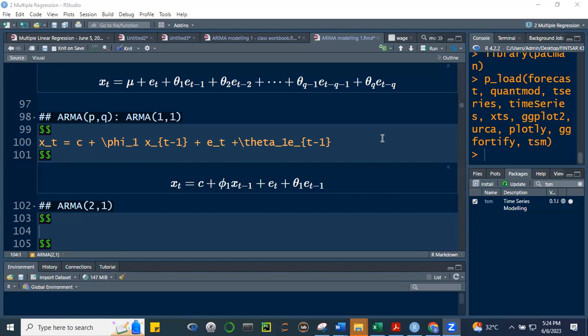Or if anybody would like to answer, not only Jericho, please share your answer. Carlos, please share your answer too. Just chat the code. Let's see the process of ARIMA(2,1).